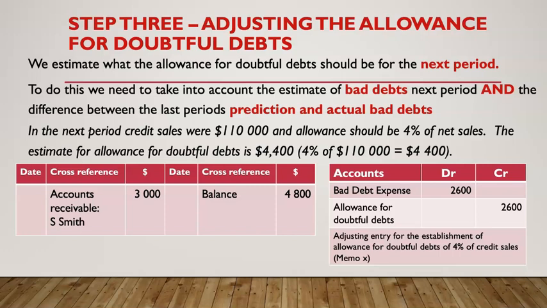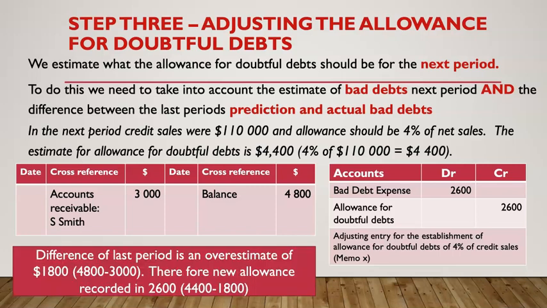We overestimated by $1,800. So because we were penalized for a previous period, we should be rewarded for this period. So the difference of last period is an overestimate of $1,800, 4,800 minus 3,000. Therefore, the new allowance is $2,600 because we reward ourselves for being punished for this one.